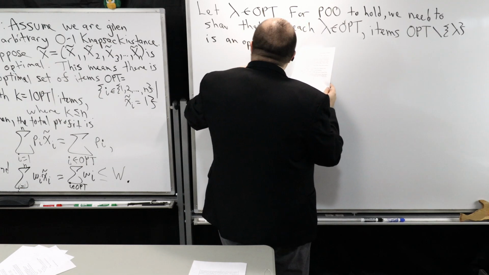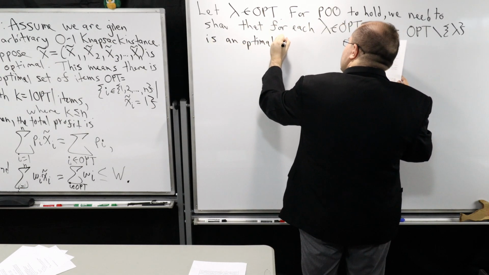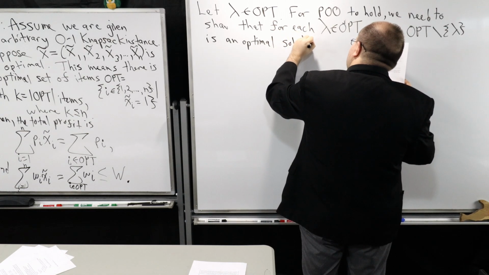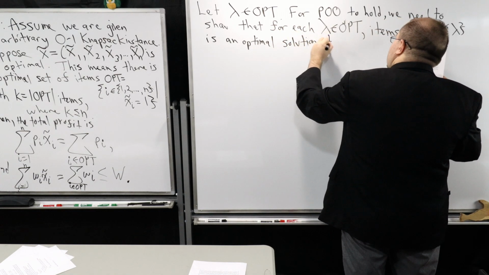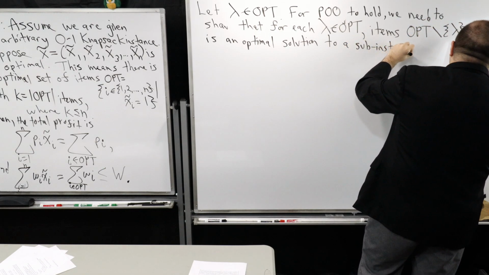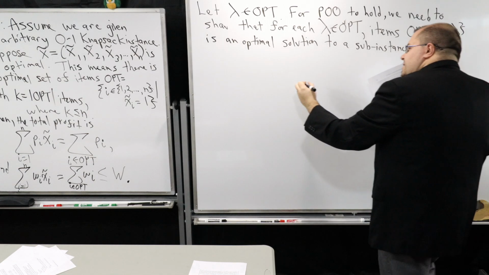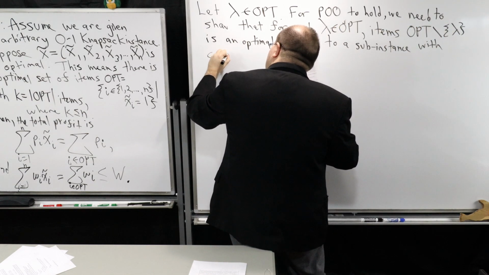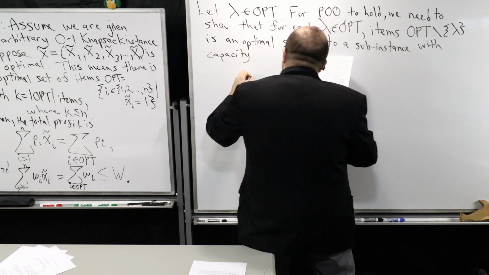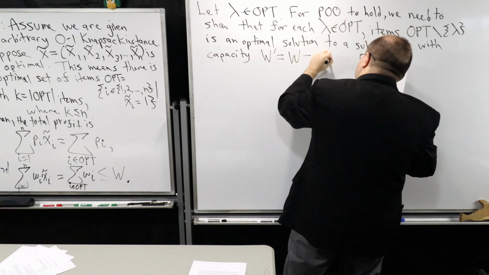Items opt set minus the set containing lambda is an optimal solution to a subinstance with capacity W prime, which is going to be equal to W minus w lambda.